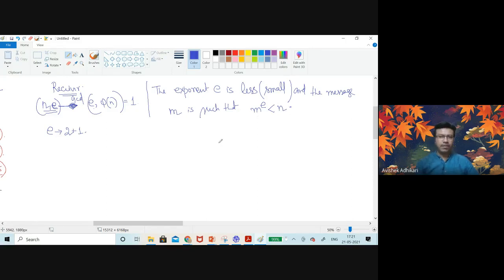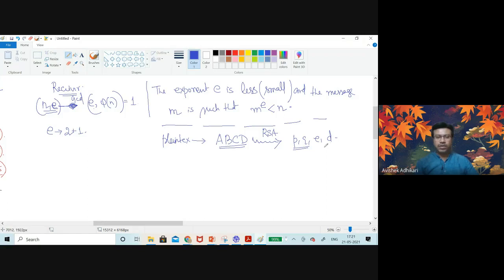For example, one very simple way when we implement the RSA public key crypto system: suppose the plain text is given in this form, A, B, C, D. I want to convert it into ciphertext by using the RSA public key crypto system. So I have chosen some P, Q, E, and D. P and Q are usually quite big.